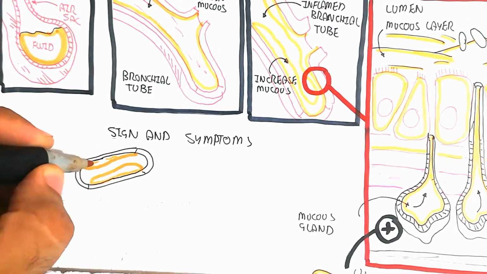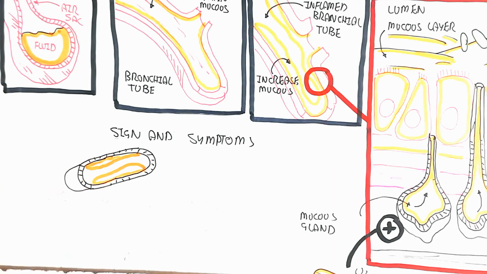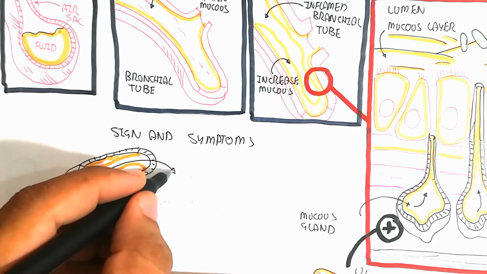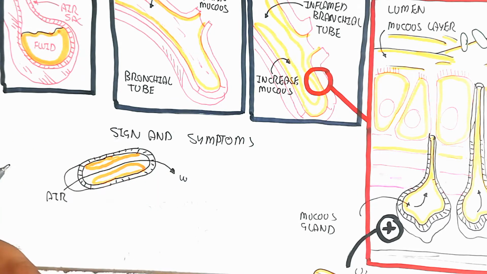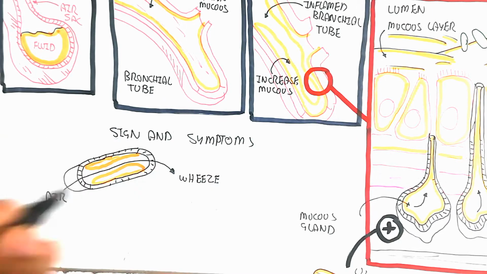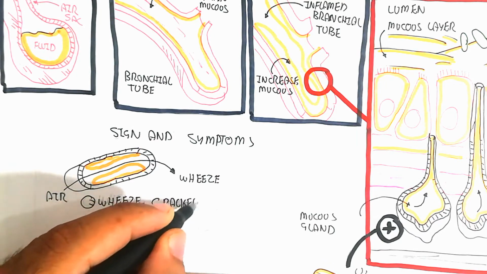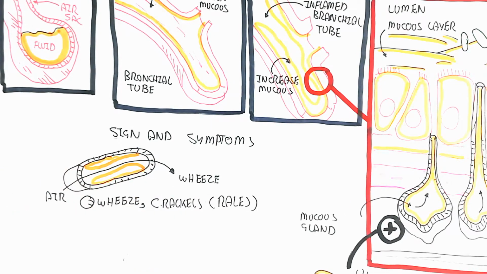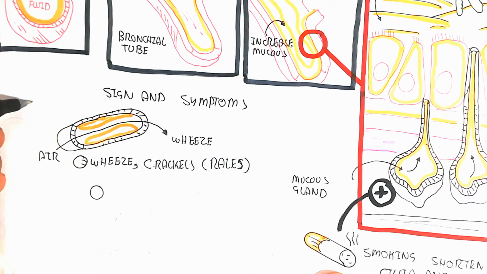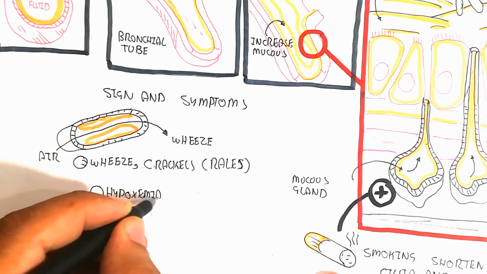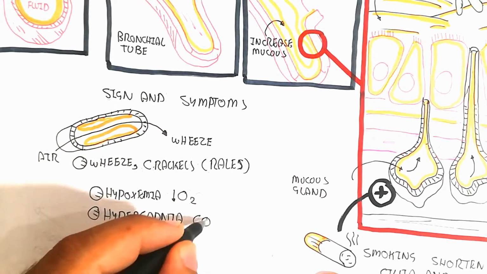Inflammation also increases due to neutrophils, and a macrophage colony develops in the air sac. Here are the signs and symptoms. Air moving through the bronchiole creates a wheeze sound, and also crackles and rales.